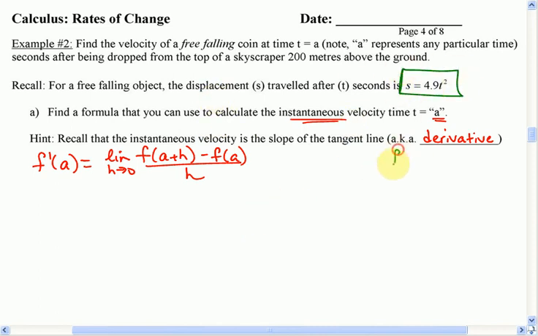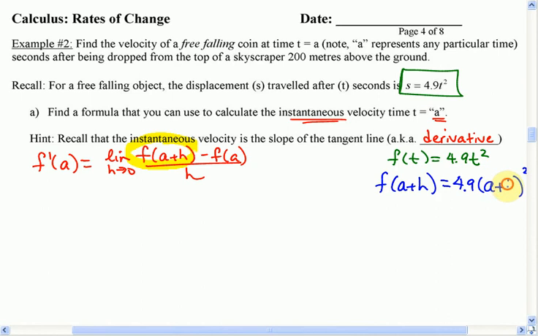So perhaps I'll say f of t equals 4.9 t squared. And so my question to you now is, how do you figure out f of a plus h? And this is the hard part. What will it be? 4.9, yeah, times? What goes inside the bracket? a plus h, right. Okay.